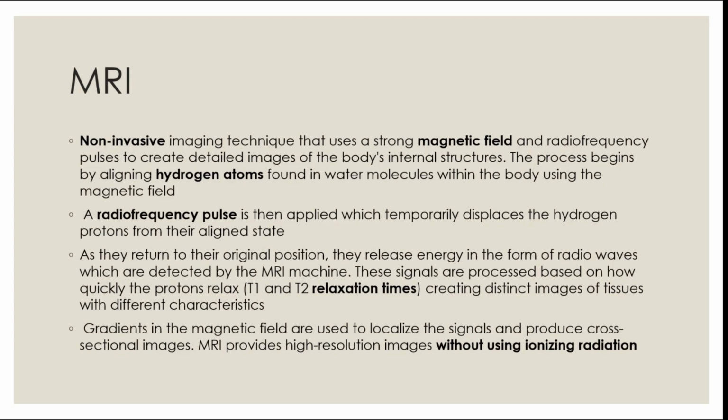Depending on how quickly the proton relaxes, it can create the different modalities of MRI. How quickly the protons realign with the magnetic field after the pulse is removed is for a T1 image. And how quickly it loses its coherence after the pulse has stopped is for a T2 image. There are other modalities that we will briefly discuss, but this is the main principle.